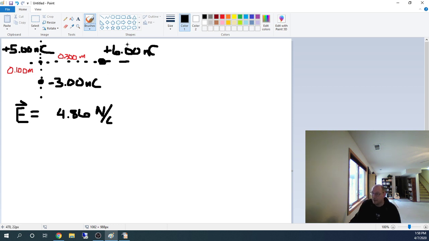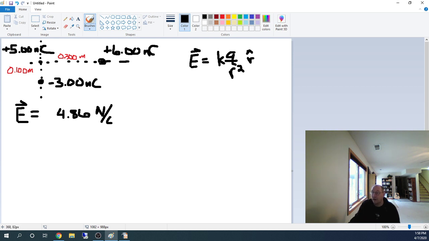So that's the magnitude of this one. Remember, we're using this formula in general for each individual charge. It's kq over r squared for the magnitude, and I'm going to put the vector there and r hat, so we've got it all down. So I got 4.86 newtons per coulomb.